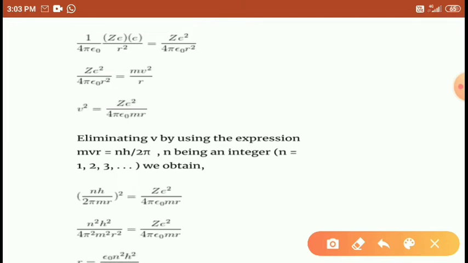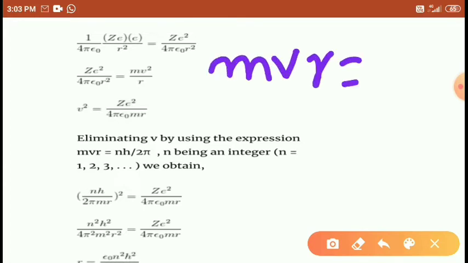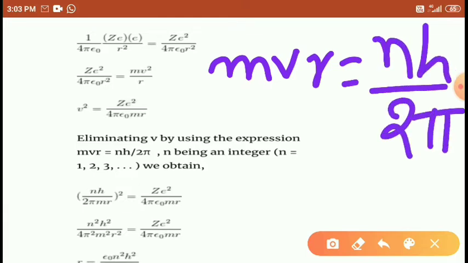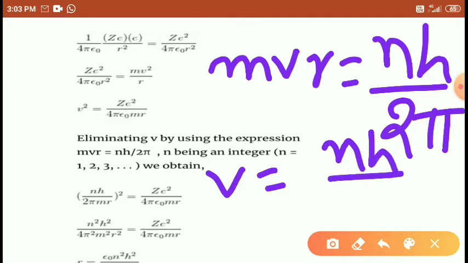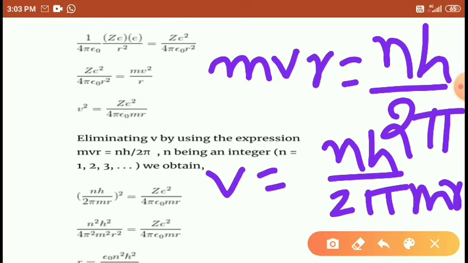Okay. Next, if we compare here mvr is equal to nh by 2 pi, then v is equal to nh by 2 pi mr, students, 2 pi mr, right?